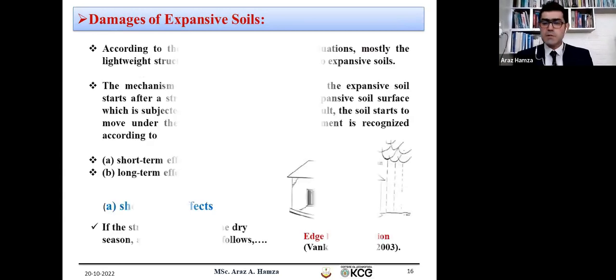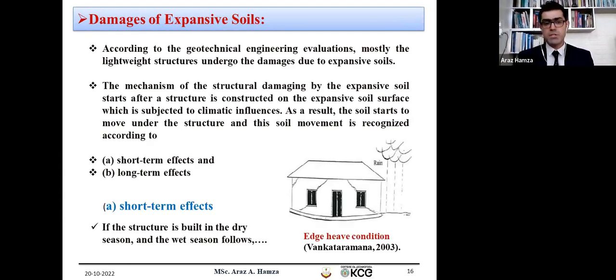How does the expansive soil damage our project? According to the geotechnical engineering evaluation, mostly lightweight structures undergo damage from expansive soil. And there is some mechanism of such damage occurring. There are two types of mechanism.